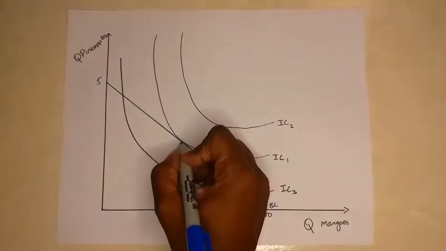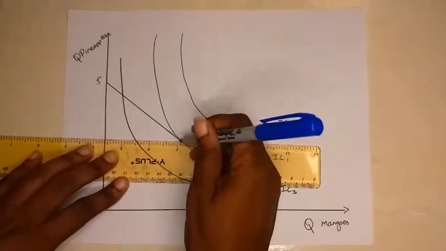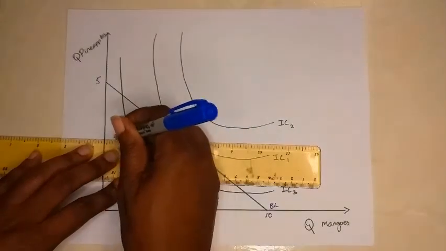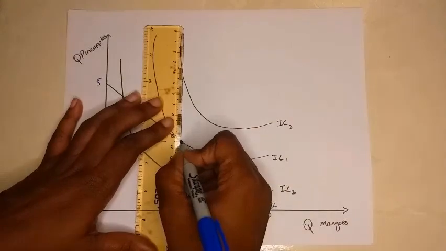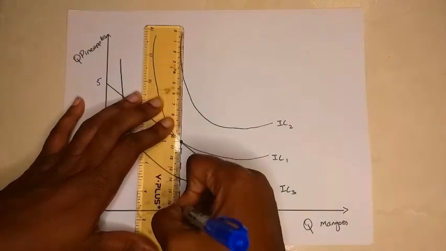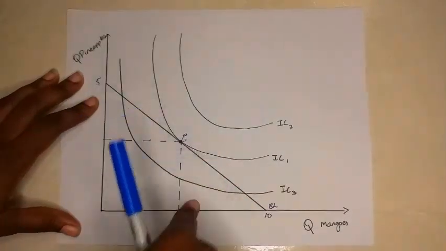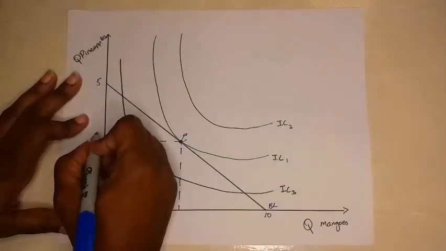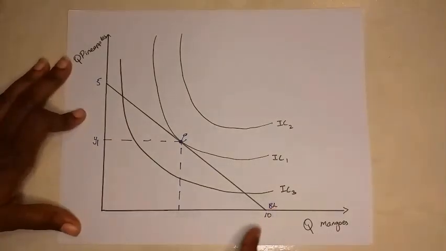And this would happen at a point such as this. And we can put E here, so this is equilibrium, and we could call this, let's say, Y1 units of pineapple and X1 units of mangoes.